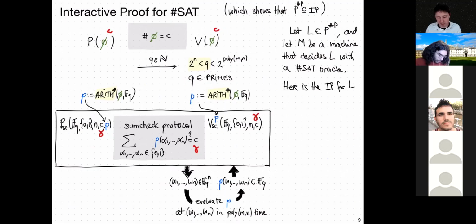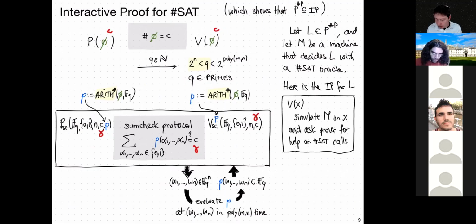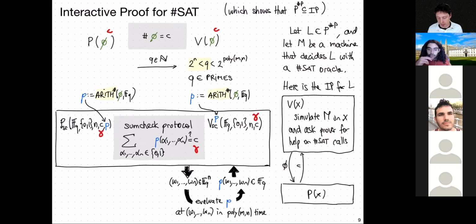Here's a new interactive proof for the language L. You simulate the machine on input x, and whenever the machine wants to make a #SAT oracle call, it tells the prover, hey prover, I want to make this call to the oracle. Please tell me the claimed value. The prover says, okay, sure, the value is this one. Then we engage in an interactive proof for this claim, and we do it as many times as this machine cares about.